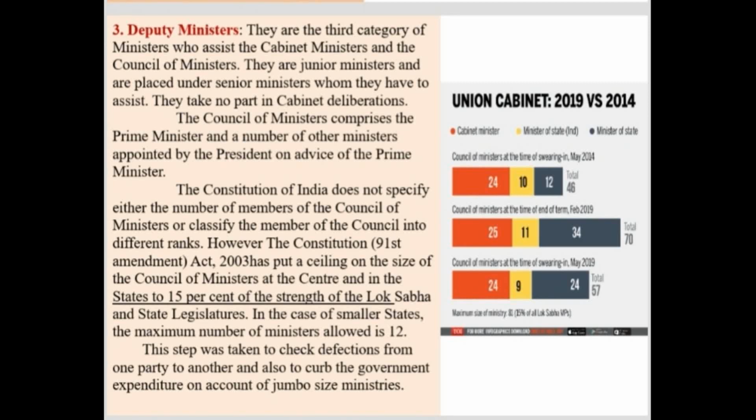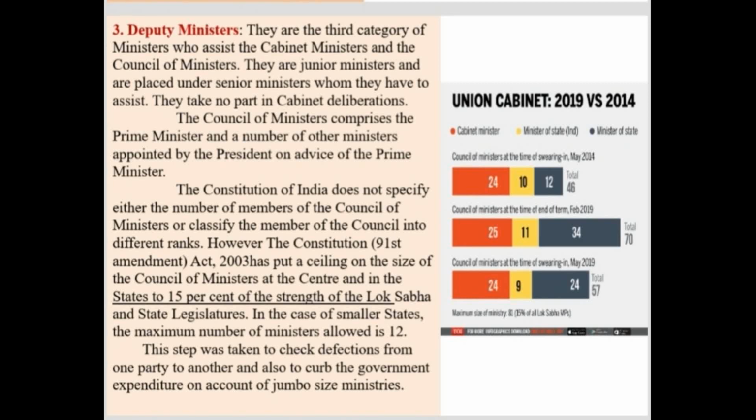So the council of ministers includes the prime minister and other groups of ministers like cabinet ministers, ministers of state and deputy ministers. All this together, they will be working to aid and advise the president, and they are appointed by the president with the advice taken from the prime minister.